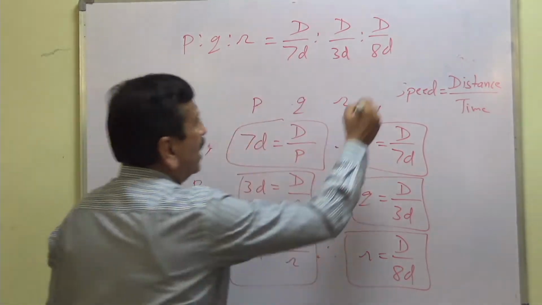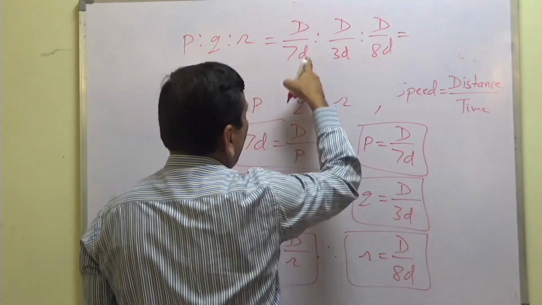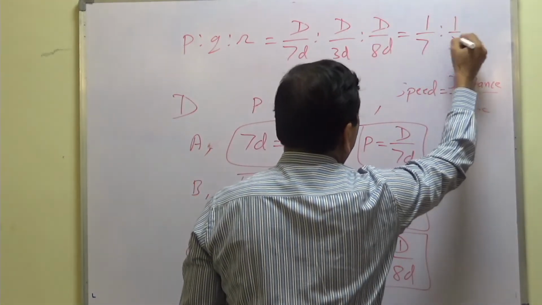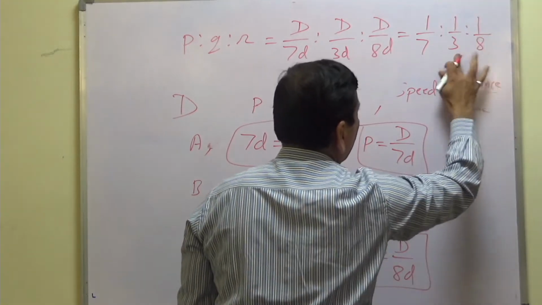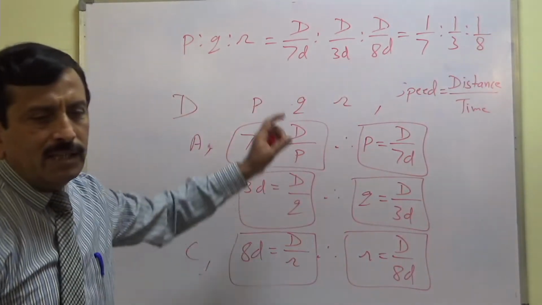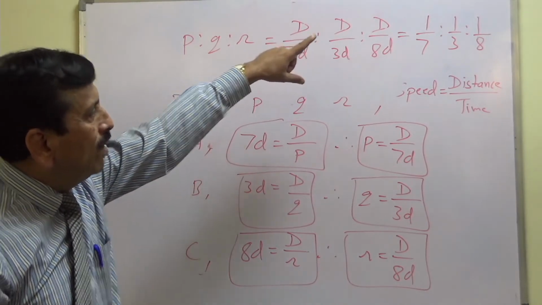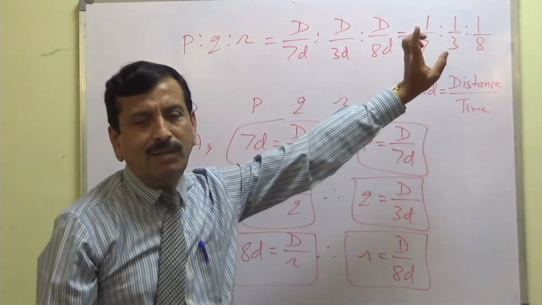And now as a constant of proportion, D by D, D by D, D by D will cancel. I'll get 1 by 7 to 1 by 3 to 1 by 8. So simply the times are proportional to 1 by 7, 1 by 3 and 1 by 8.